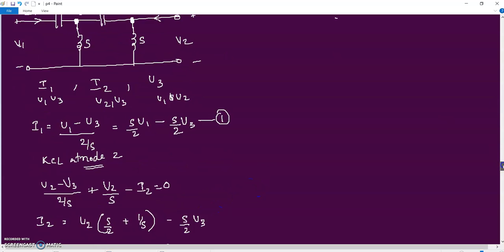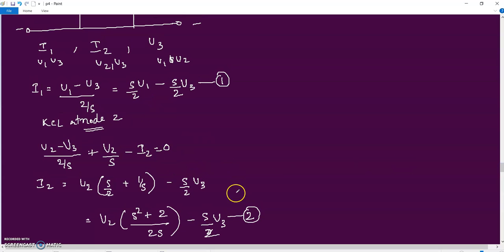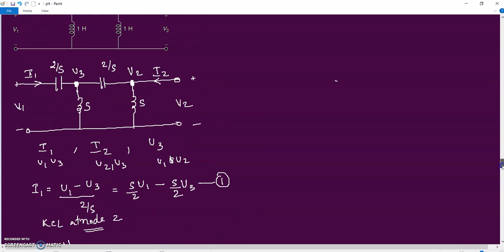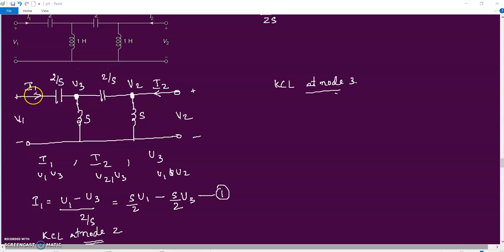Now that we have got the two equations of I1 and I2, let us go and find the KCL at node 3. At node 3, the current I1 is (V1 minus V3) by 2/S, and this current is moving into the node 3, so we can take it as minus.